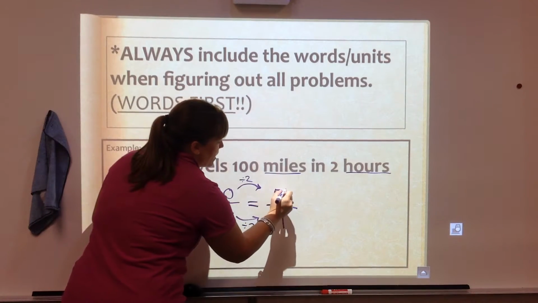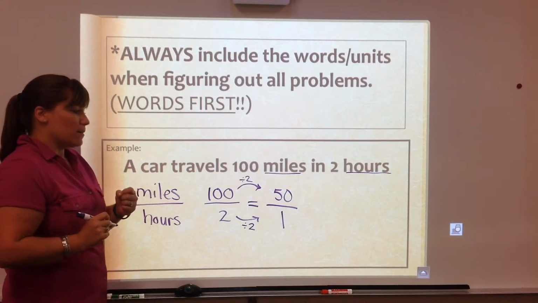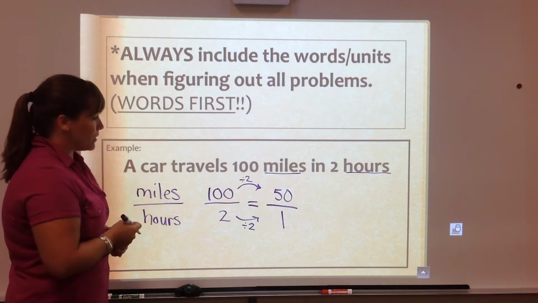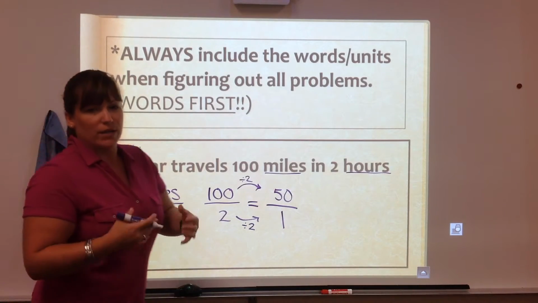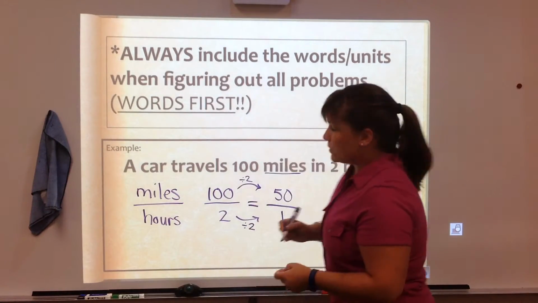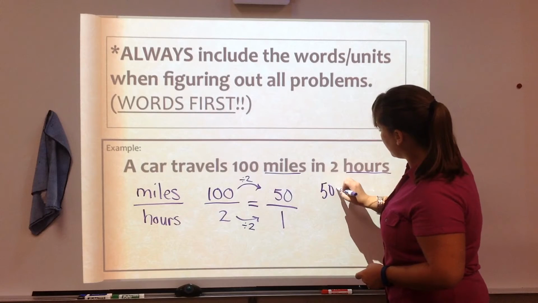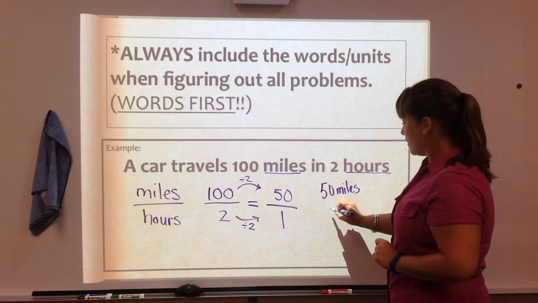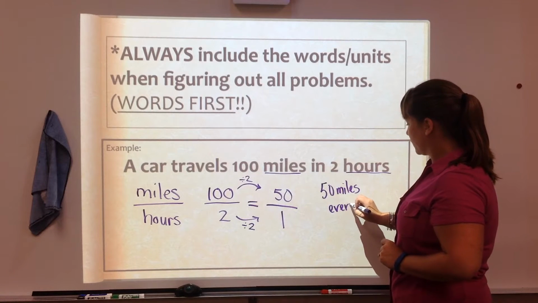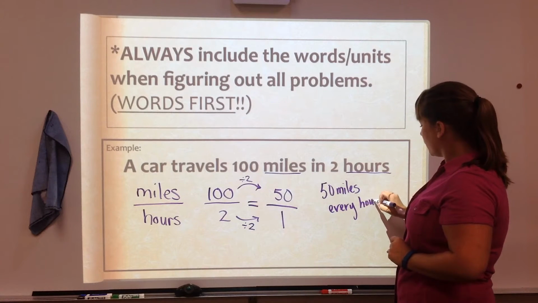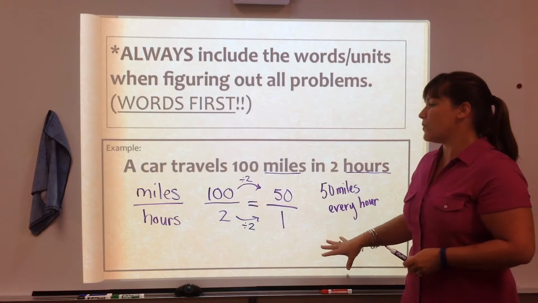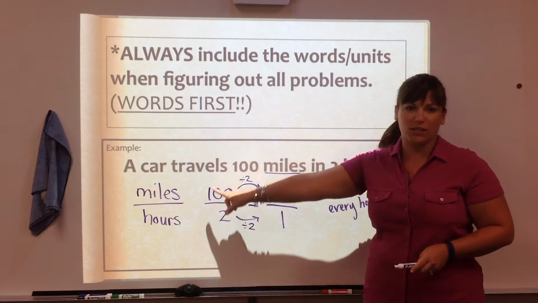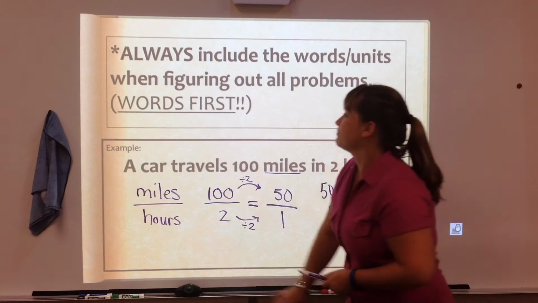So that will make it 50 miles for every 1 hour that the person drives in the car. So a way to summarize that is that we're going to have 50 and we're going to add back in the words, 50 miles every hour. So that was an example of simplifying a rate and practicing using words first.